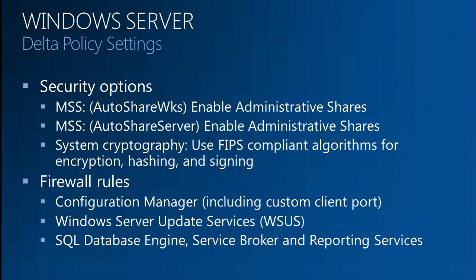FIPS, the FIPS setting here, that's a very common setting. It's enabled in the baseline that I'll show you. A lot of people will deviate that. They'll disable FIPS because it usually breaks applications. A lot of applications are not built to require those level of algorithms. Config manager is, SQL is, for the most part. There's one exception that I'll show you later.